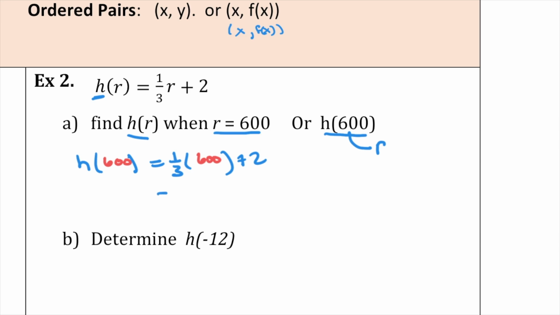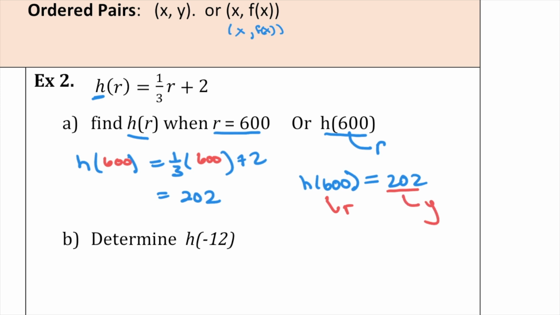So we have 202. To write the ordered pair, we know that h of 600 is equal to 202. This time, 600 is your r value, and you could consider 202 a y value if you needed to.